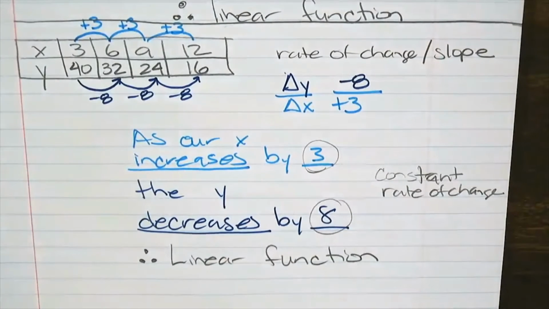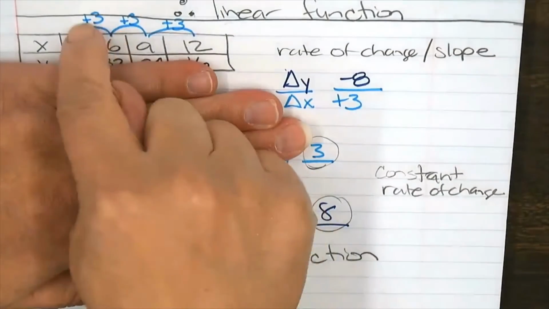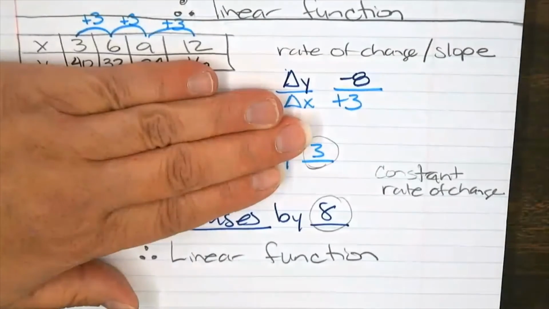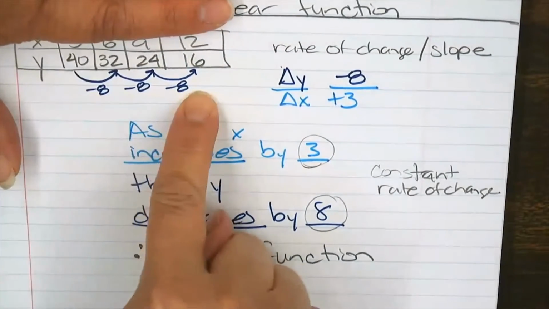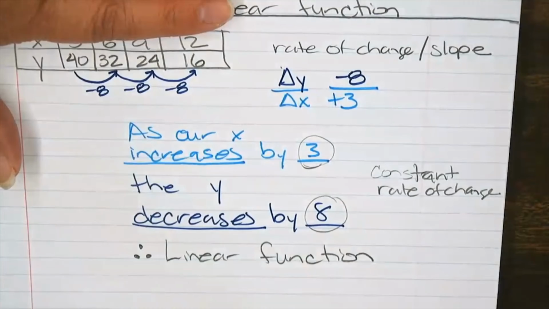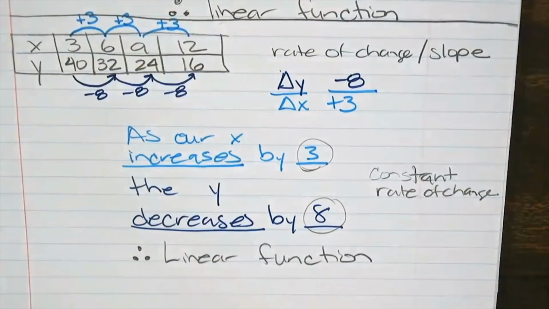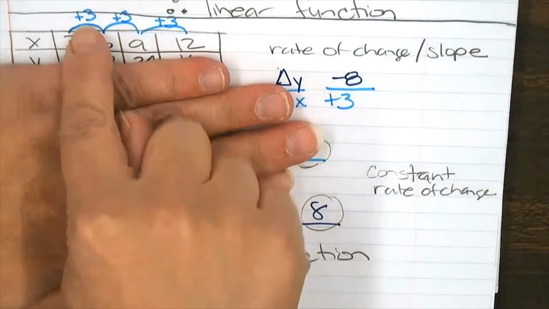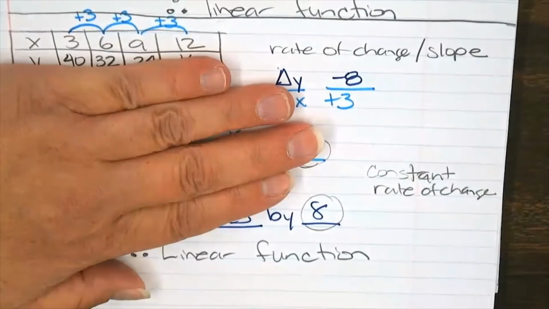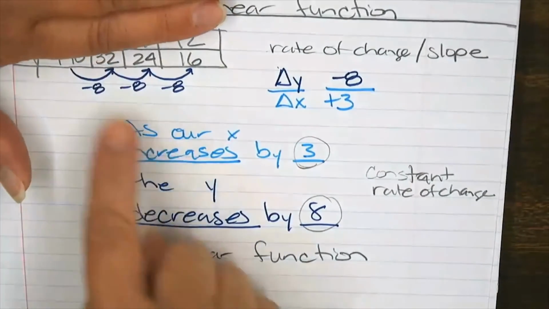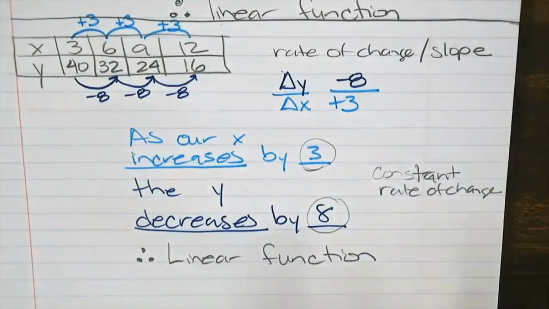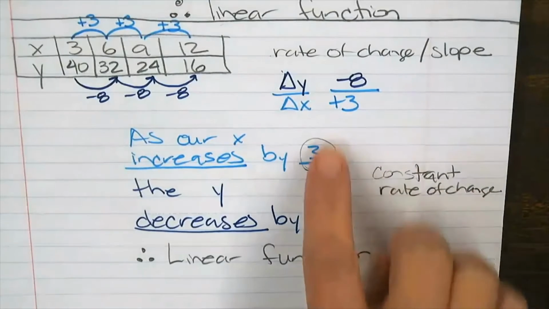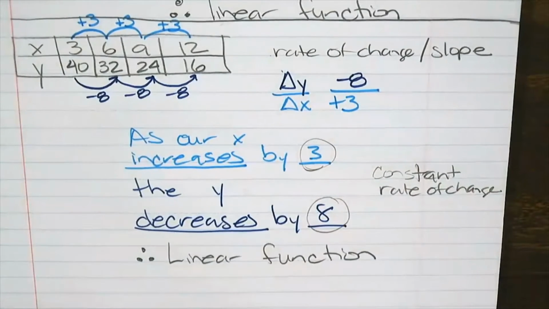So my x and y are not the same. But all of my x's are the same. And all of my y's are the same. So that's what we need. We need a constant change for the x's and a constant change for the y's. So if we have a constant rate of change, then it's a linear function.